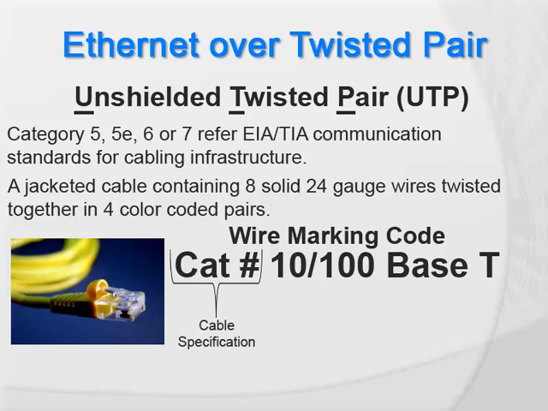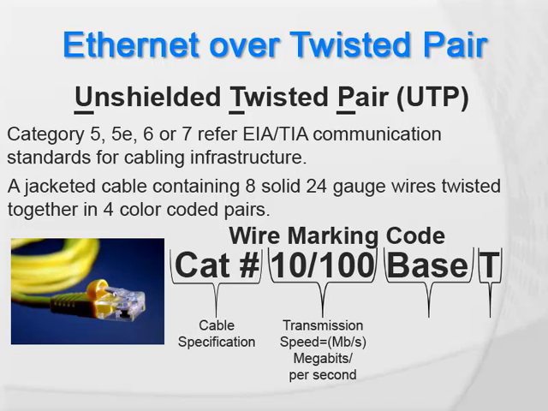First, you're going to see a specification category, 5, 5E, 6, or maybe 7. Then a series of numbers, and then printed you will either see base or broad, followed by a letter. Now the numbers refer to the transmission speed in megabits per second. Base or broad refers to the signal type that the wire is designed for.